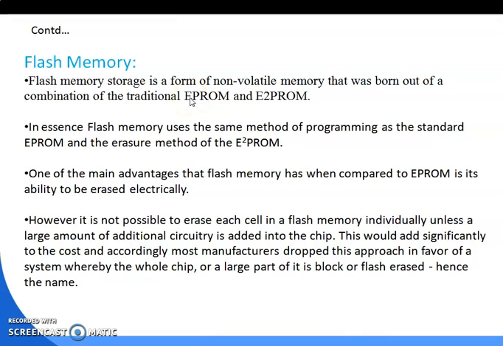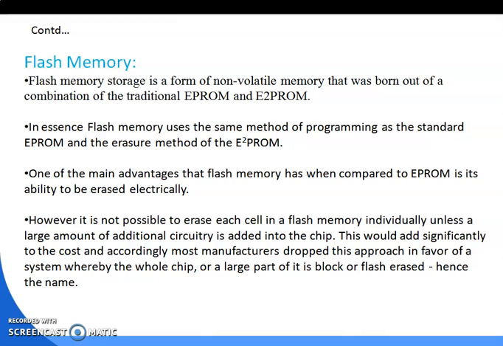So flash memory is the combination of traditional EPROM and EEPROM. In essence, flash memory uses the same method of programming as the standard EPROM and the erasure method of the EEPROM. That means it uses the features of both EPROM and EEPROM, simply saying.